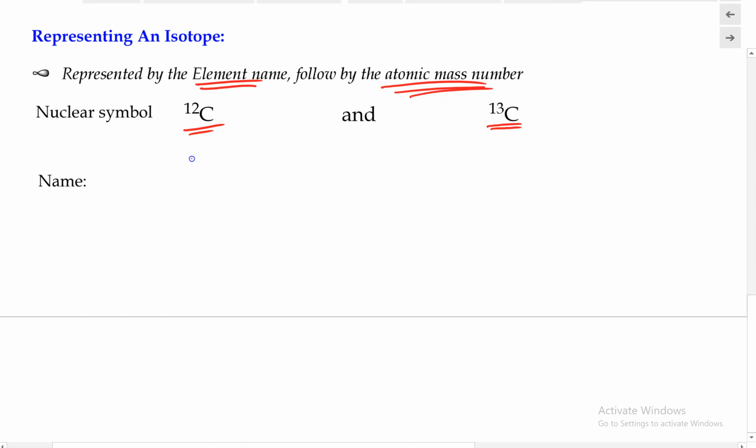When we write them, we can say this is C12 and this is C13. And when we name them, we call this carbon 12 and this carbon 13. So we have to use the 12 and the 13 whenever we refer to the different isotopes of carbon.